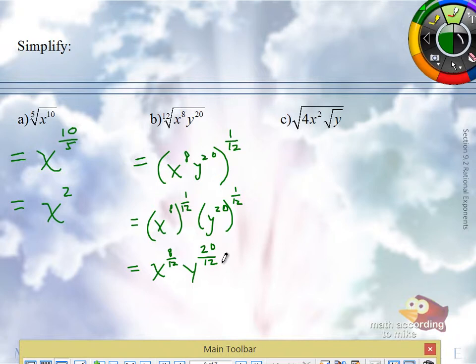How does 8 twelfths reduce? 2/3. 20 twelfths? 5/3.